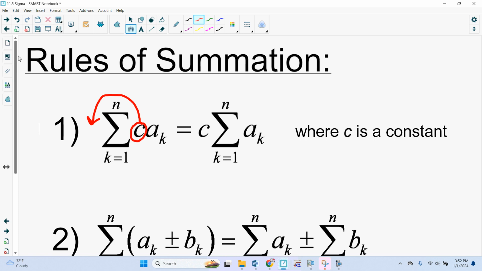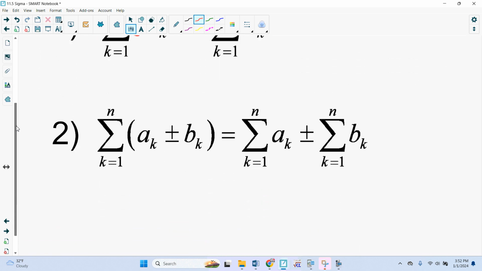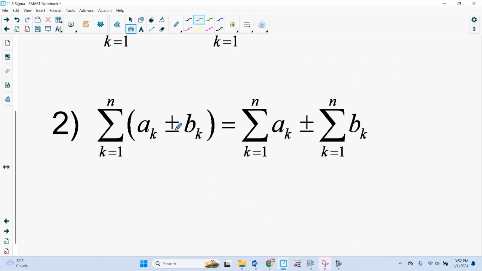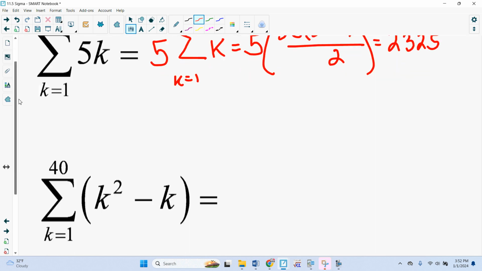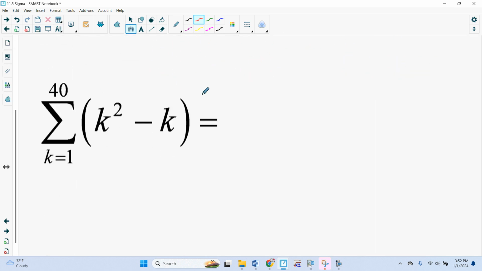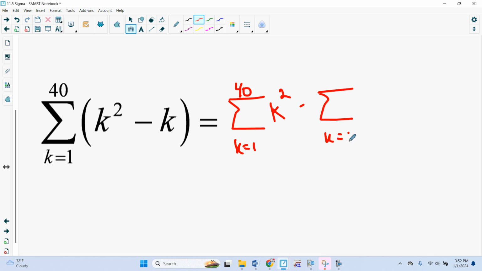Now, our second rule of summation says this. If we have a plus or minus, we can split this into two sigmas. So when we have a minus in the middle, we can split this into k equals 1 to 40 of k squared minus k equals 1 to 40 of k.